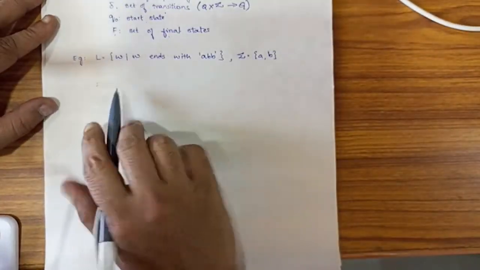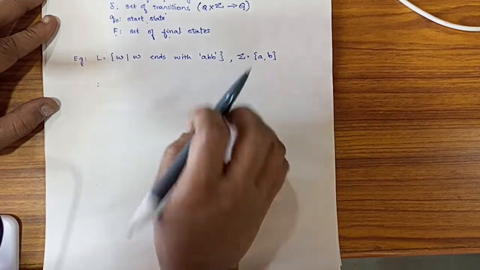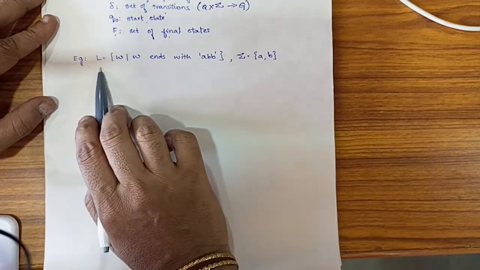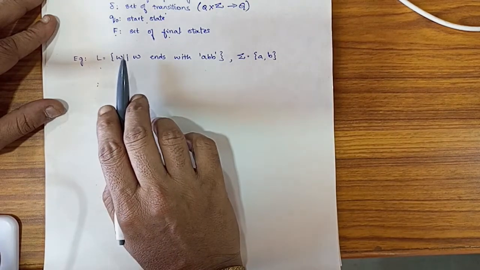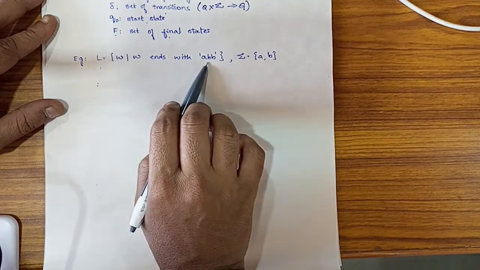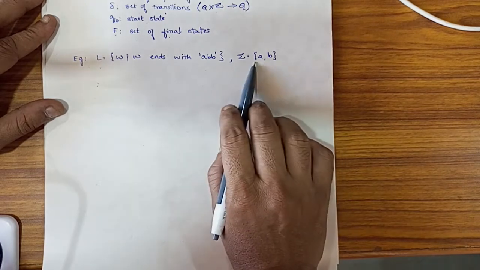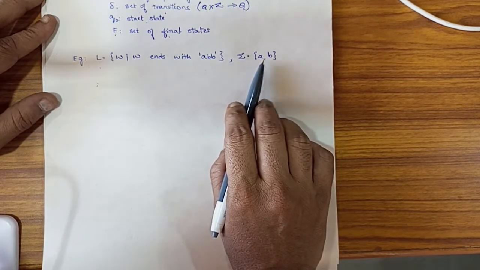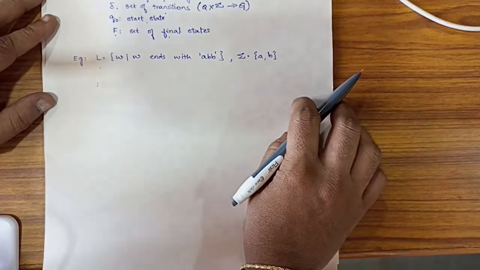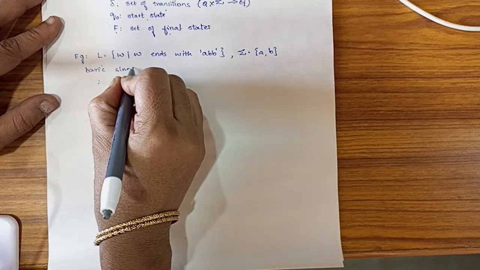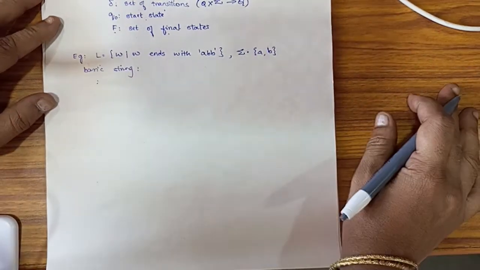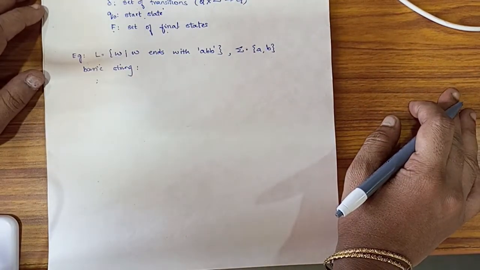Now we'll take one simple example of how to design a DFA for accepting this language, which contains strings that end with ABB over the input symbols A and B. So the first step that I will do is write down the basic strings. What is the basic string that this automaton has to accept?